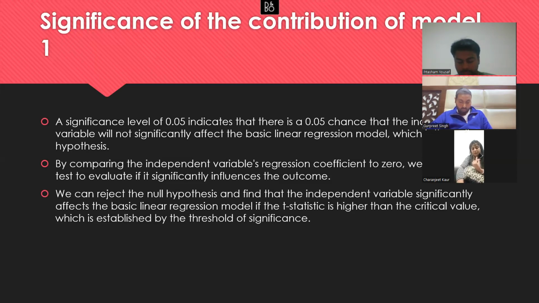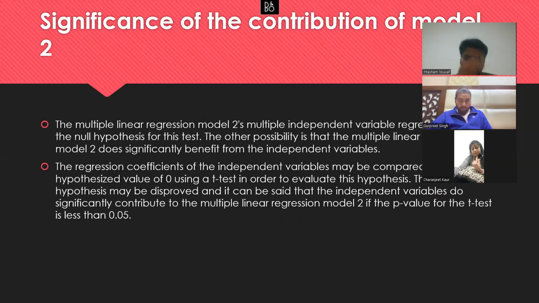I'm flipping to slide number 11, which is about the contribution of model 2. The multiple linear regression is model 2. The null hypothesis for the test is that the independent variables do not contribute to the multiple linear regression. The other possibility is that the multiple linear regression, model 2, significantly benefits from the independent variables.